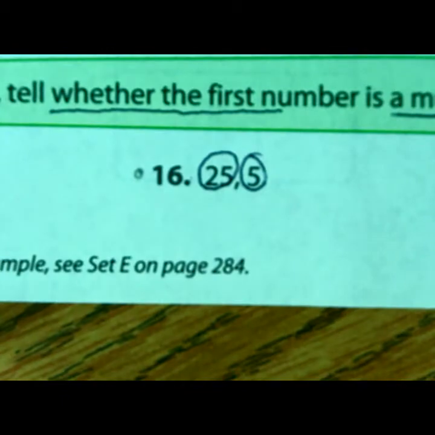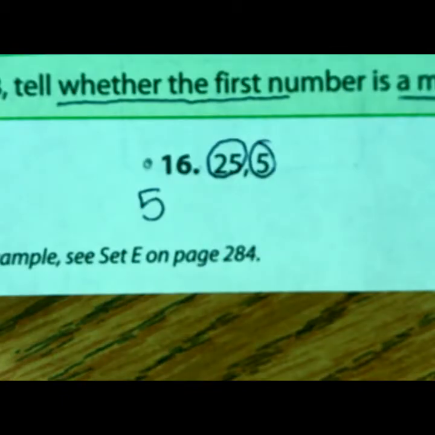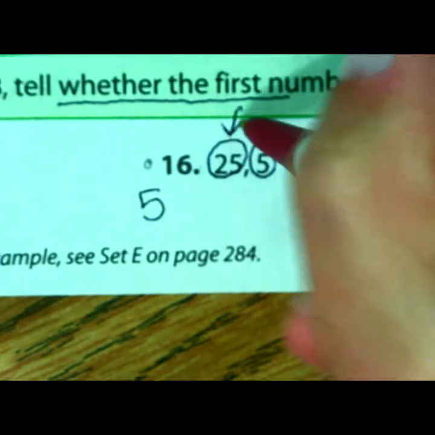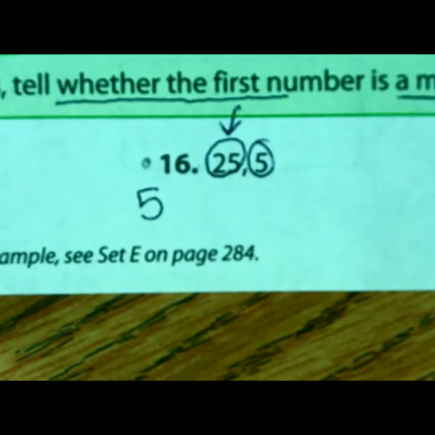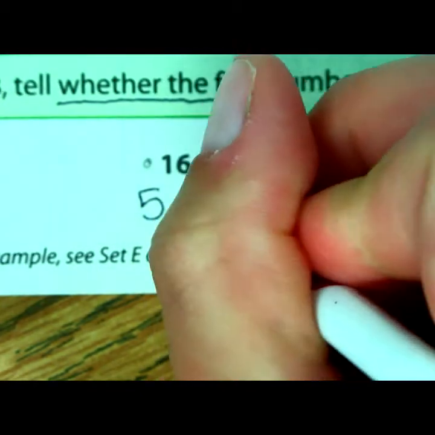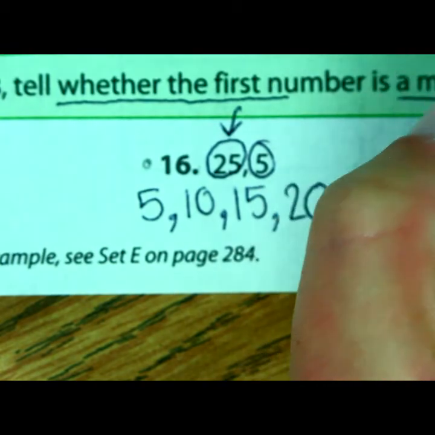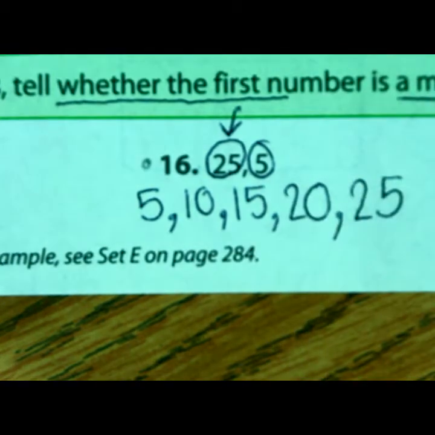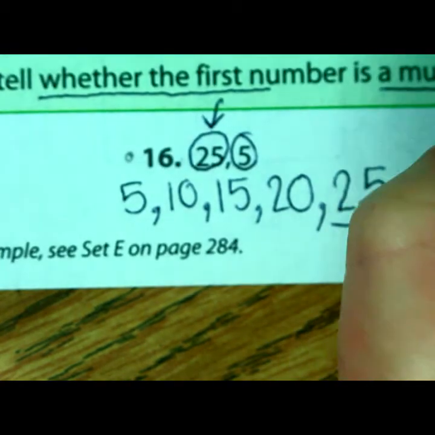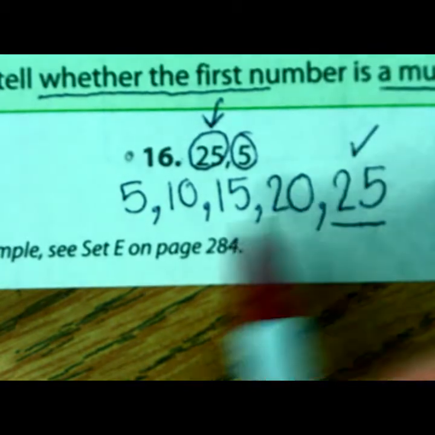What they're asking is, if we start at 5 and we skip count, will we eventually reach the number 25? I know many of you probably know this right away when you saw the problem, but if we want to skip count, we can. And we see that yes, we do arrive at 25. 25 is a multiple of 5.